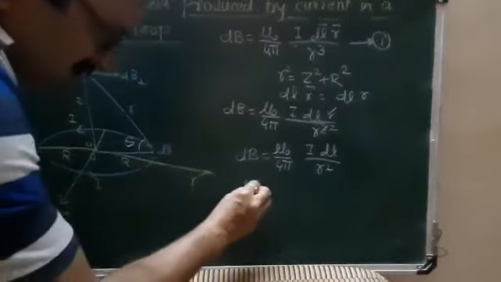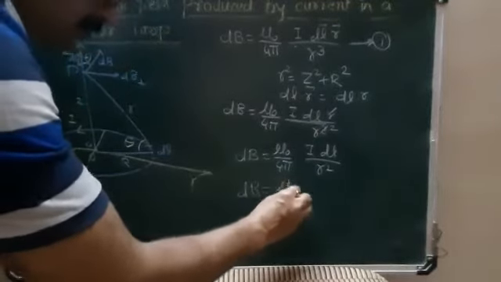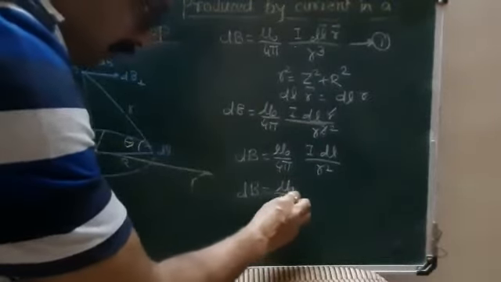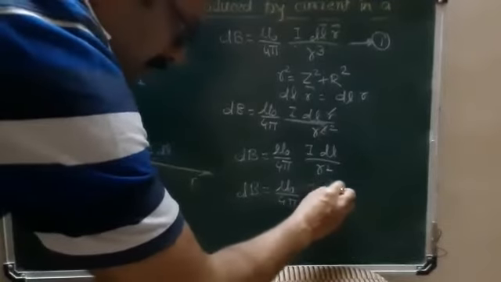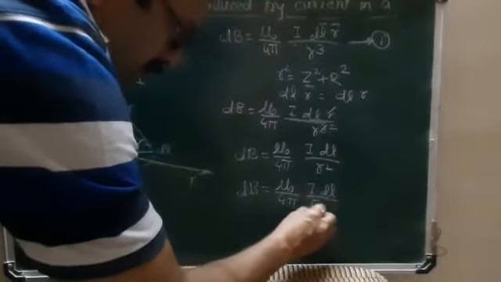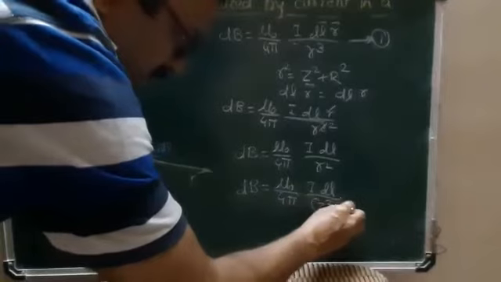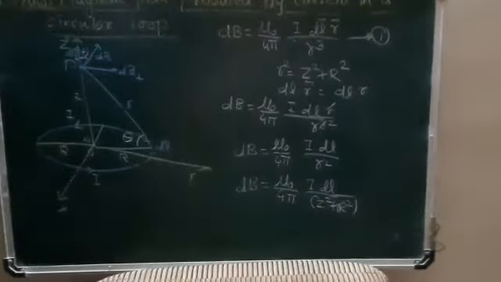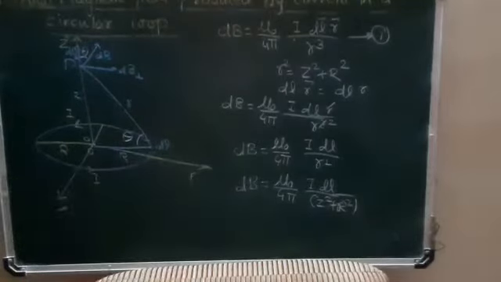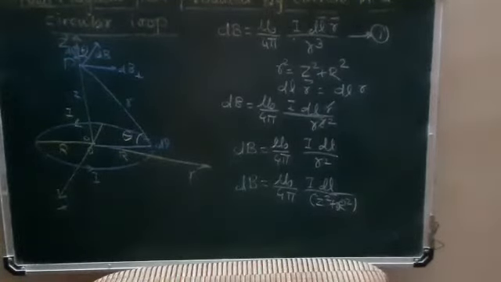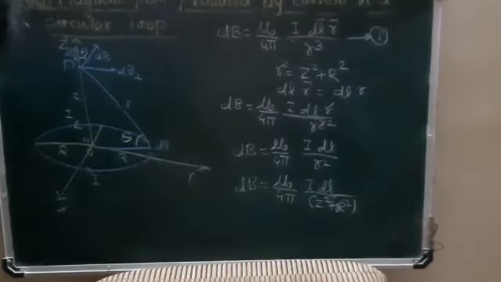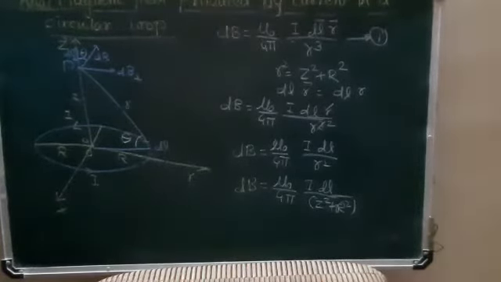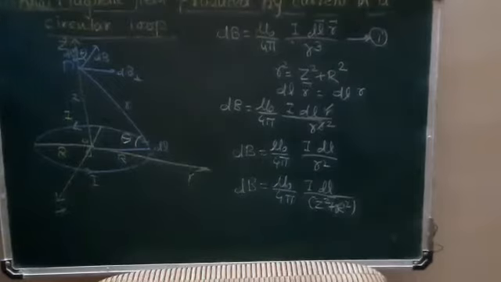Then this equation becomes dB equal to mu 0 upon 4 pi, I dl upon z square plus capital R square. This is the magnetic field of induction along the center of this circular loop. Call this equation number 2.